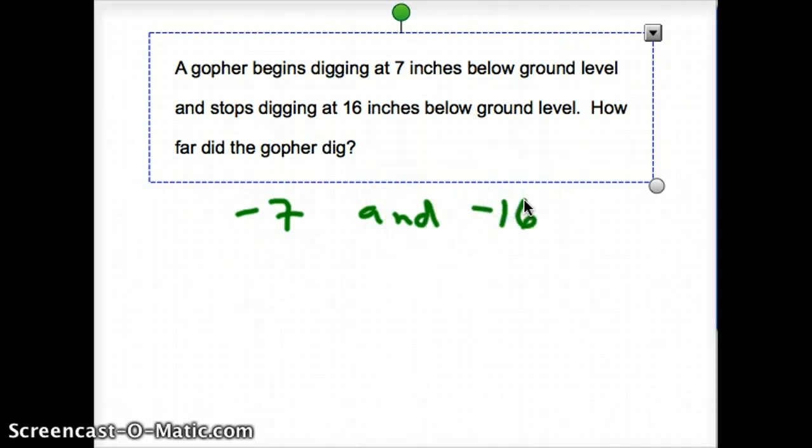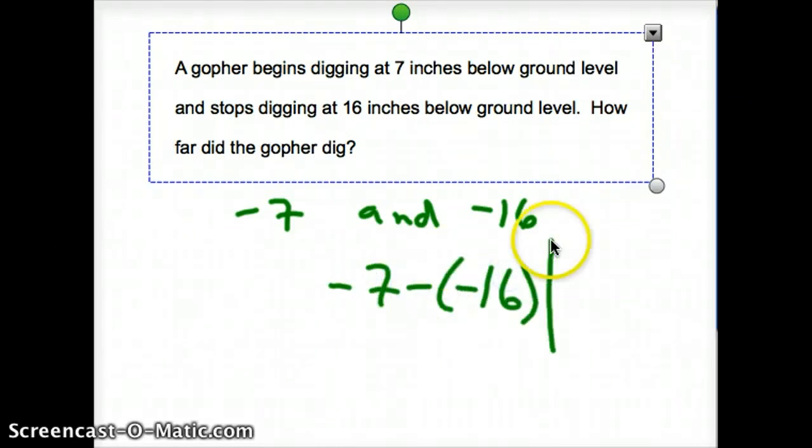Because -7 would be 7 inches below the ground, and -16 would be 16 inches below the ground. Now, you want to subtract those two and find the absolute value of that difference.